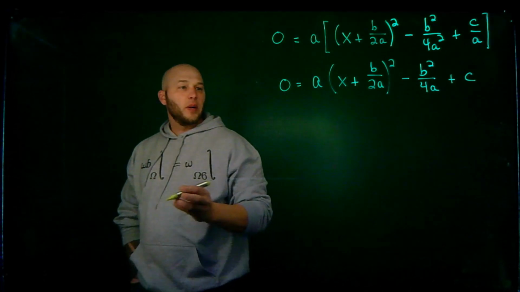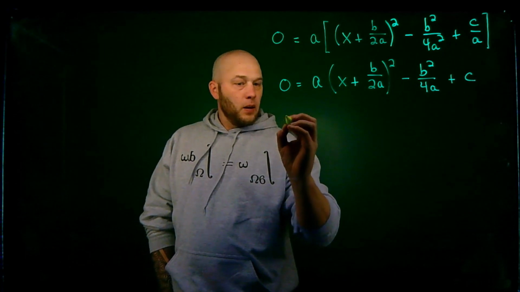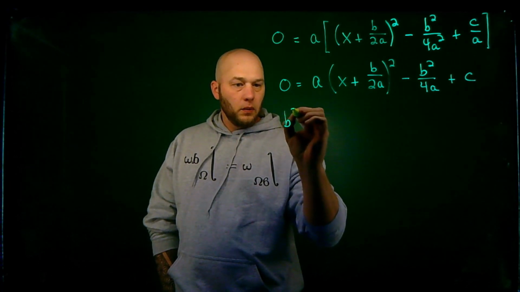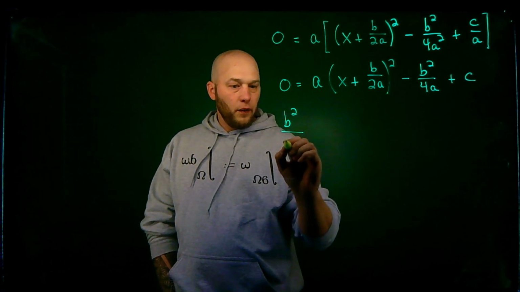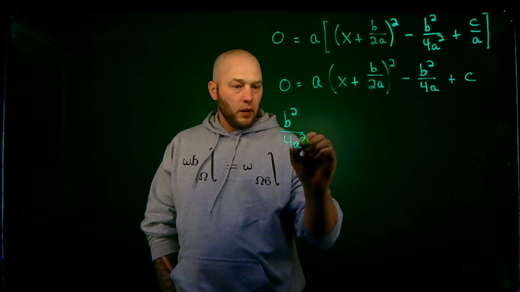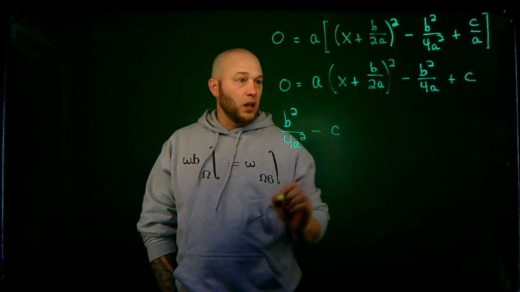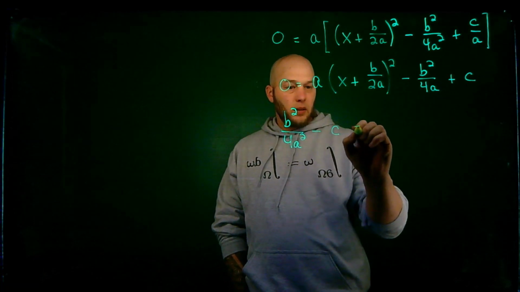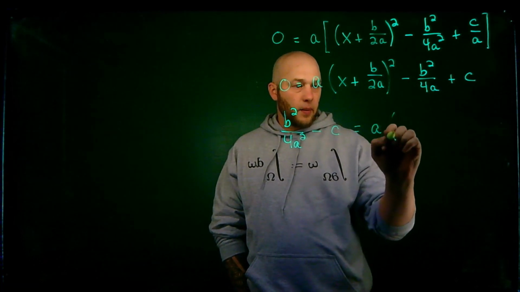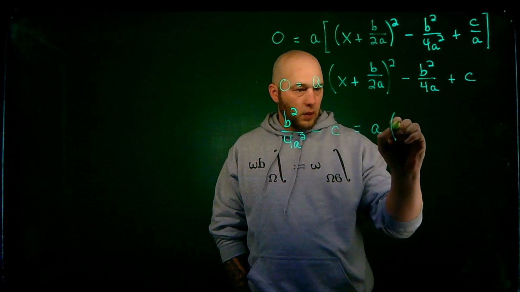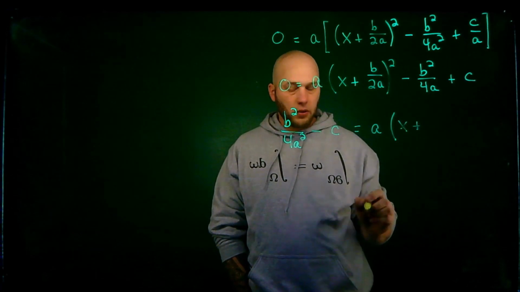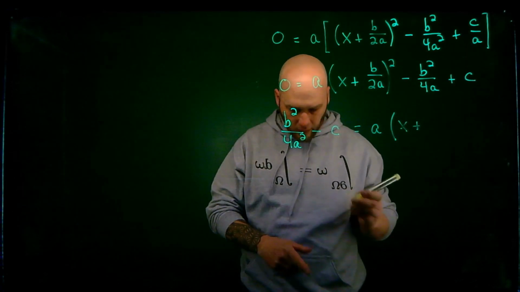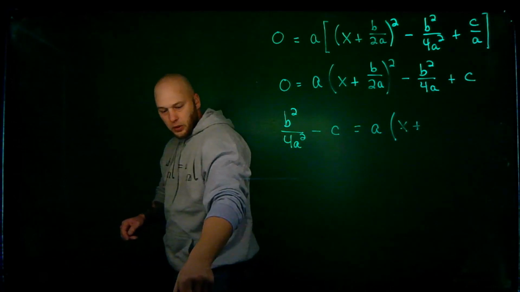That's going to give me b squared over 4a squared minus c is equal to a times (x plus b over 2a) squared. Actually, this marker is not that great either. Let me see if I've got another one. Try this one right here.